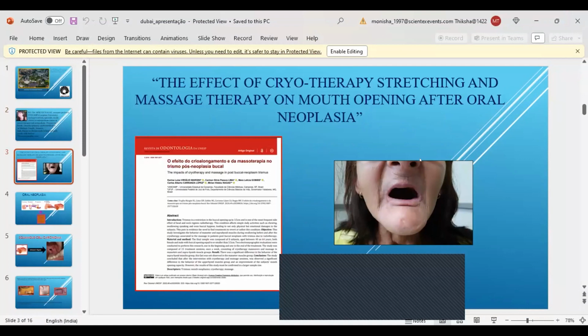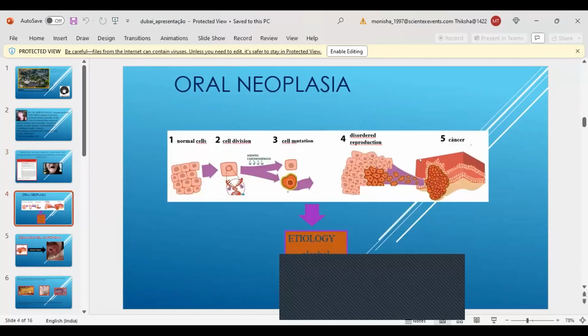I will talk about the effect of cryotherapy, stretching and massage therapy on mouth opening after oral neoplasia. This is a post-neoplasia oral patient with trismus, or restriction of mouth opening. Here we can see the neoplasia process. Number 1, normal cells. Number 2, cell division.